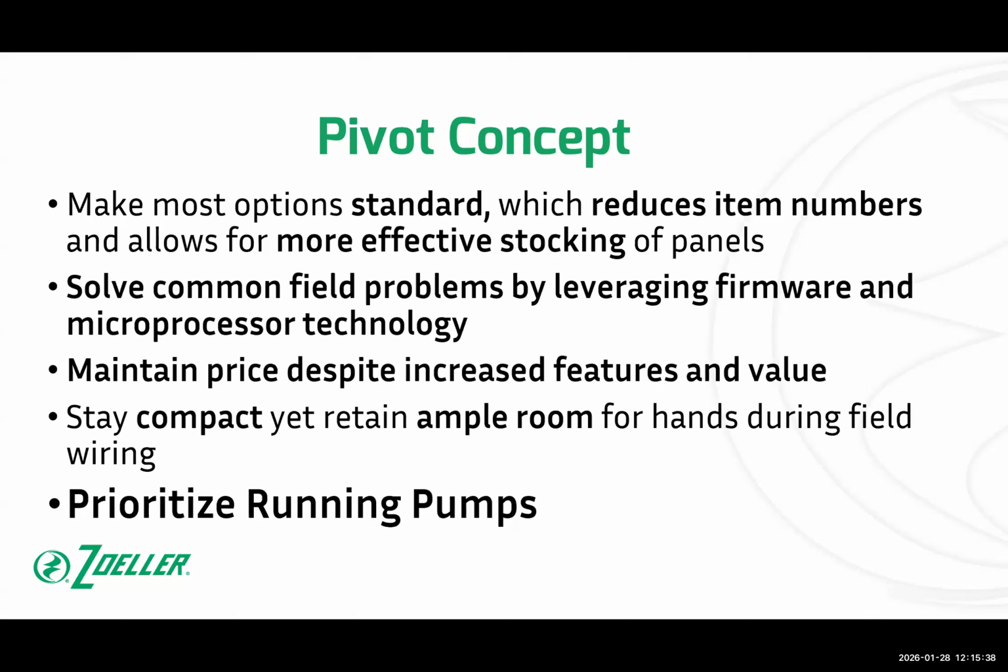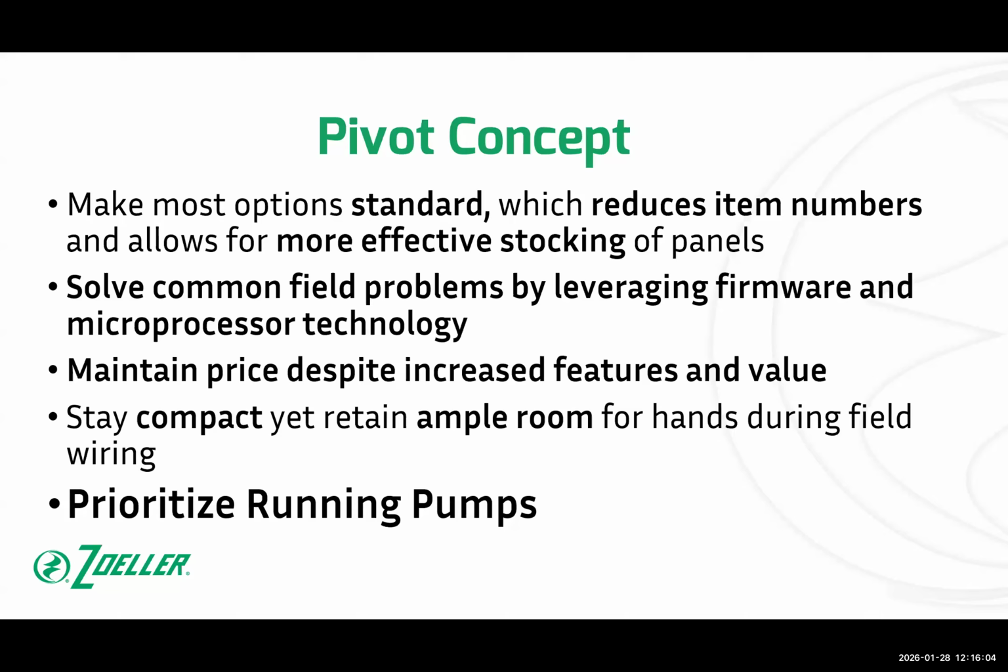If we take just the simple example, let's say you have a three float system, and that bottom float is your stop float. So, as the water rises, your stop float rises. The one above it is your start float, and that's what turns the pump on.